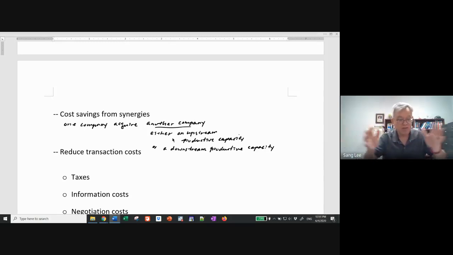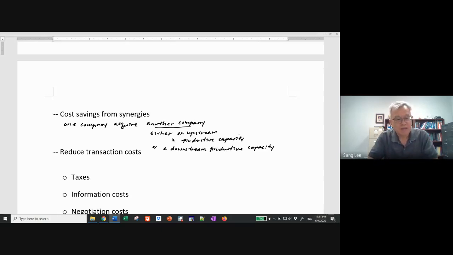But once they are merged into one, they don't have to have two accounting departments or two HR departments. These are examples of cost savings from synergies. Simply, you can reduce some of the overhead cost.